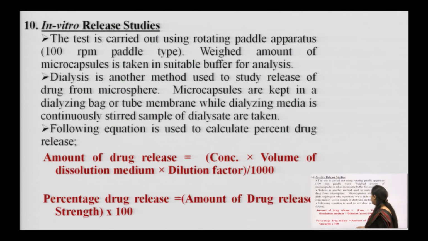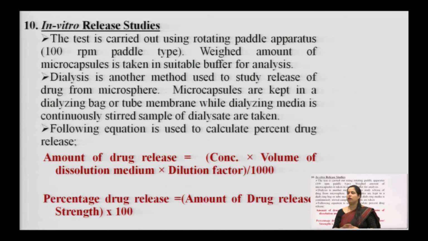The amount of drug release can be calculated by taking the concentration, volume of dissolution medium, and dilution factor. Dilution factor means you are taking some specified amount of media, like say 900 ml if we talk about a dissolution apparatus, and when you take a sample of 5 ml after a specified interval, you are maintaining sink condition or not, meaning you are adding fresh blank solution to the 900 ml flask or not.